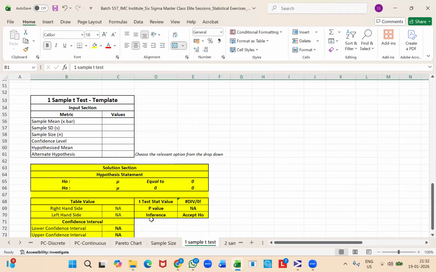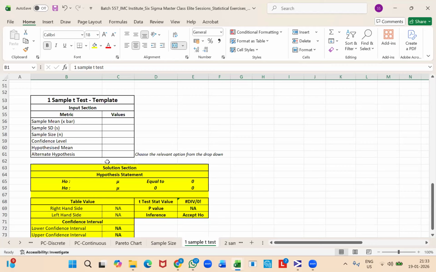One beautiful thing here is that it will change according to the confidence level. In some exercises, at 95% confidence level you might end up accepting the null hypothesis, but at 99% confidence level the decision could be something else.